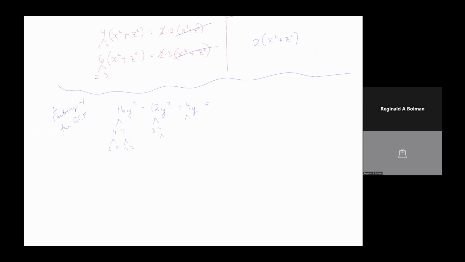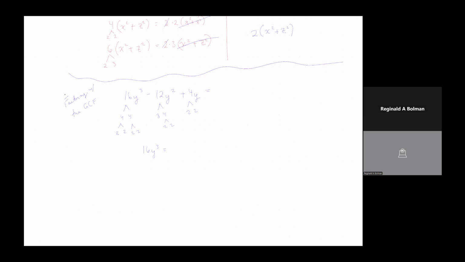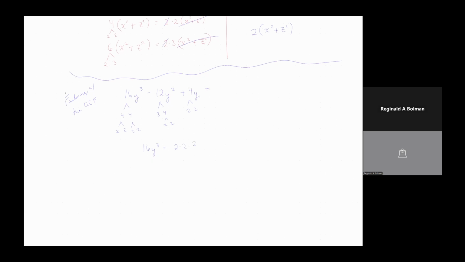All right. So 16y cubed, if we were to just look at it by itself, that's going to be the same thing as 2 times 2 times 2 times 2. And then y cubed would be y times y times y. For the negative 12y squared, that's going to be a negative 2 times 2 times 3 times y times y.